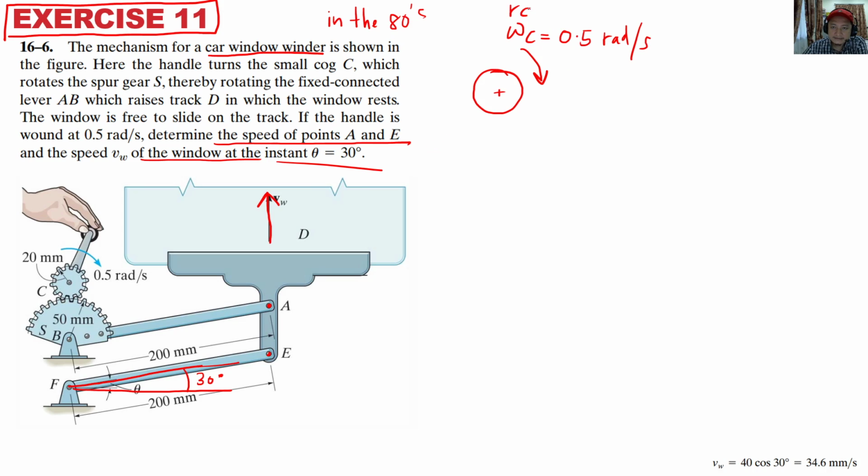RC is 20 mm. This one is connected to this semi gear. Although it looks like a semi gear, you don't have to draw a semi gear. Draw a full gear.